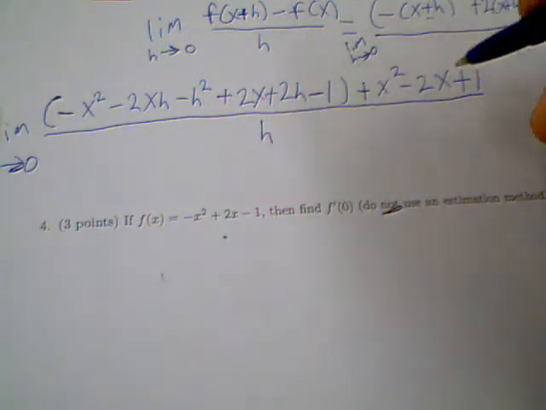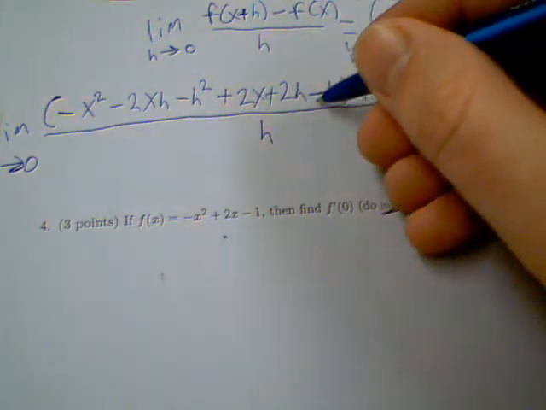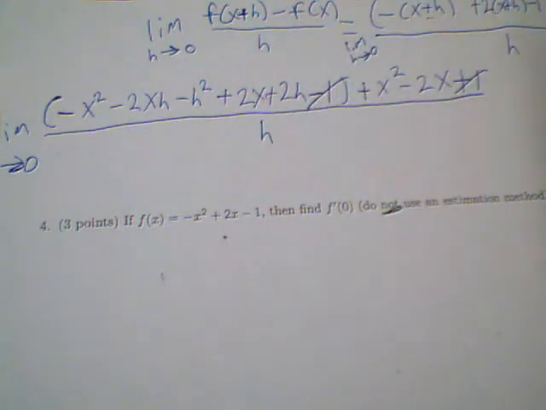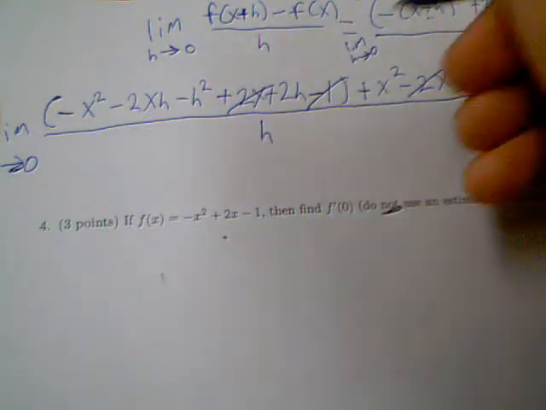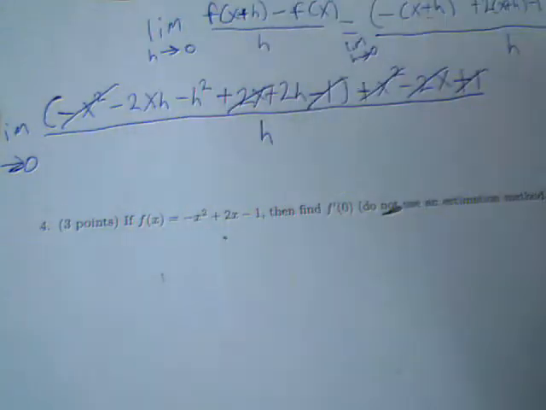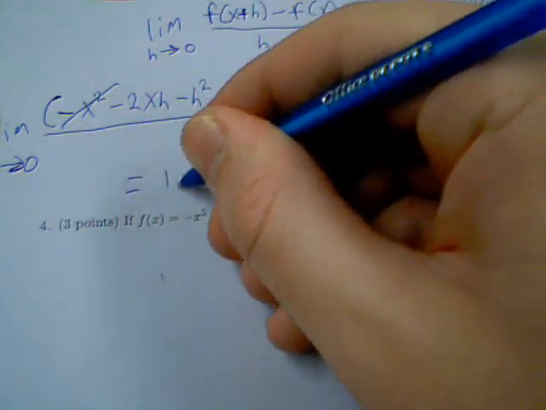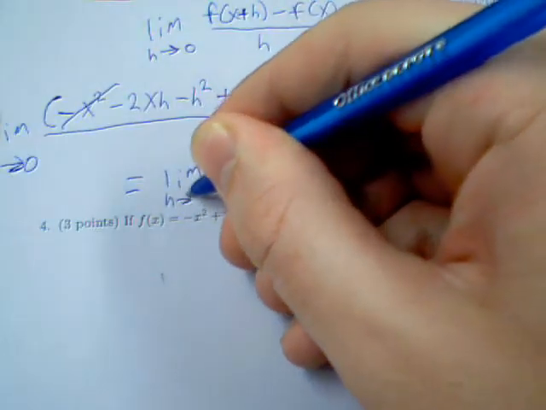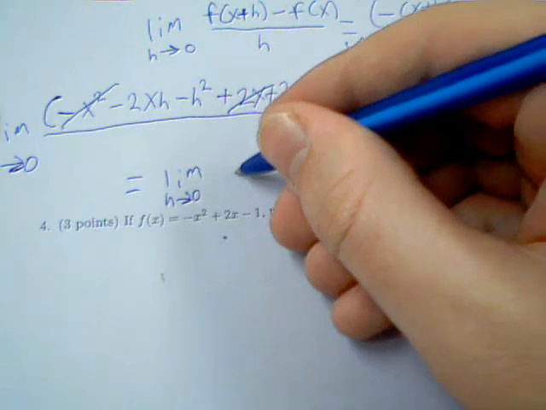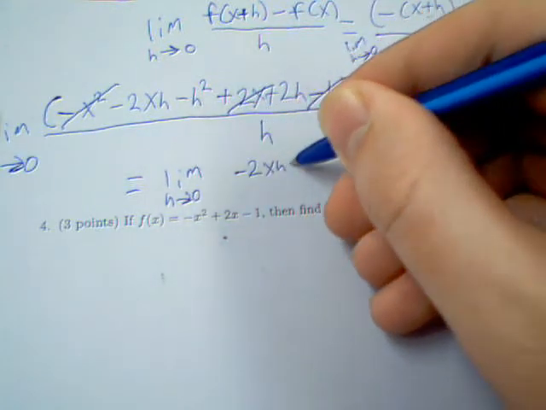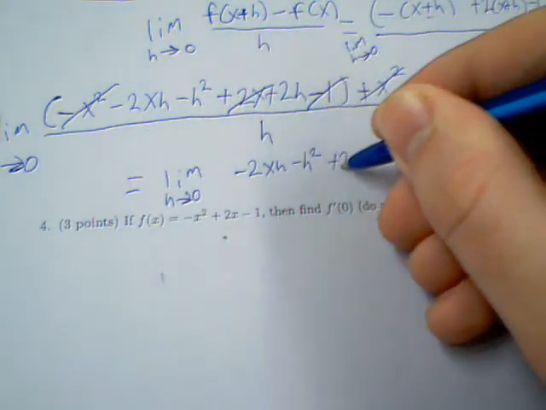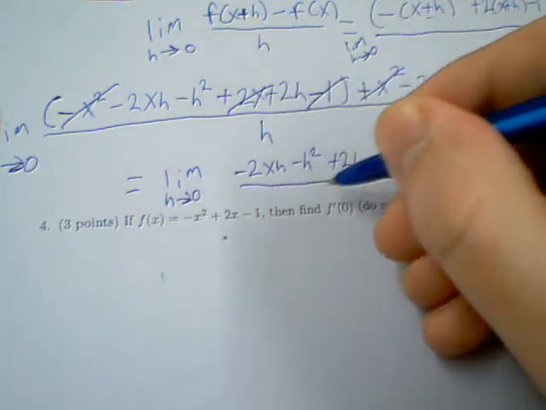Alright. So now what cancels? Let's see. I see minus 1 plus 1. Okay, minus 2x plus 2x. And, well, plus x squared minus x squared. And I think that looks like it. So we got the limit as h approaches 0 of negative 2xh minus h squared plus 2h all over h.